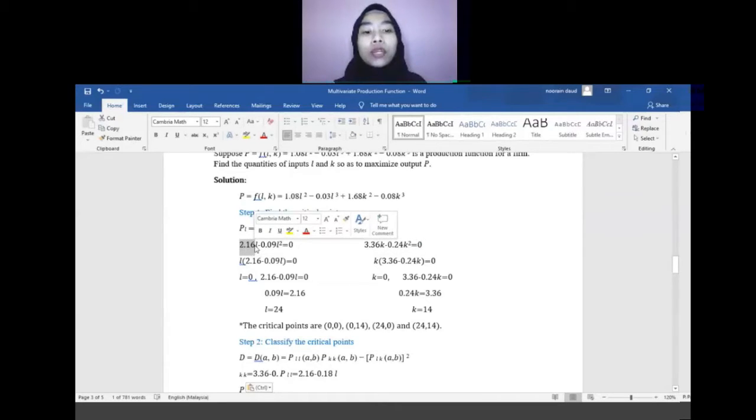For the derivative, we need to multiply by the power and after that subtract one from the power. The same goes for 0.03 times 3, and the power of L is 2 because 3 minus 1.